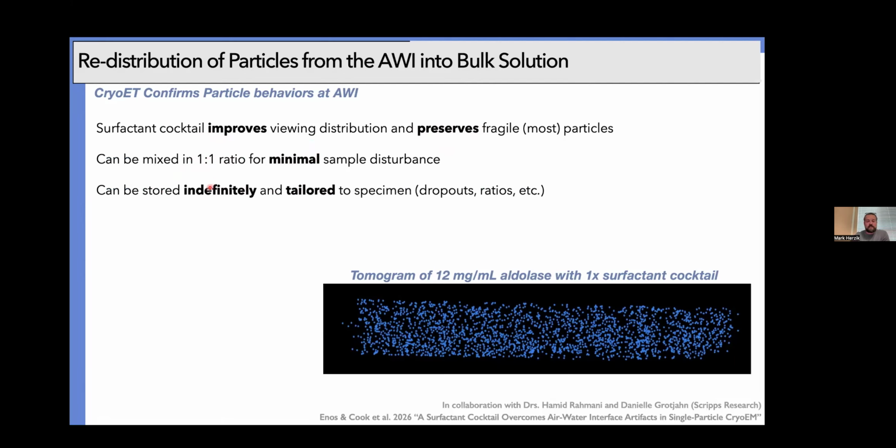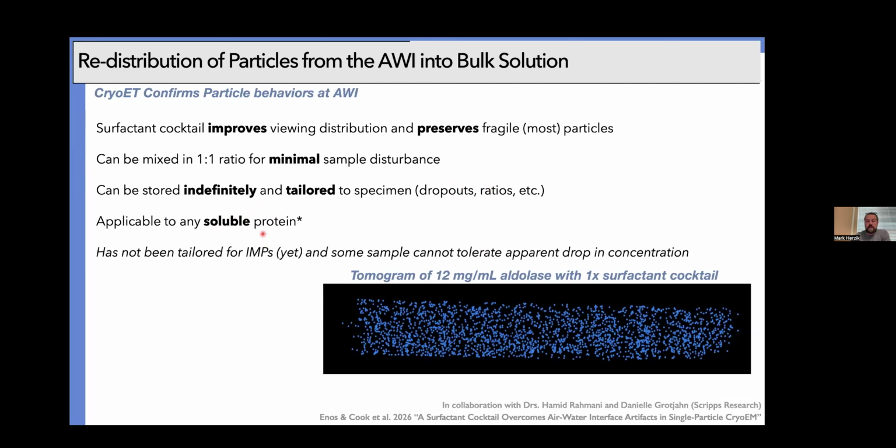What's also nice is this formulation can be stored indefinitely, and you can also now work with dropouts and different ratios of the mixture tailored to your specific specimen. And we also know that it can be applicable to almost any soluble protein. Unfortunately, we have not yet tailored it for integral membrane proteins, I think for obvious reasons.